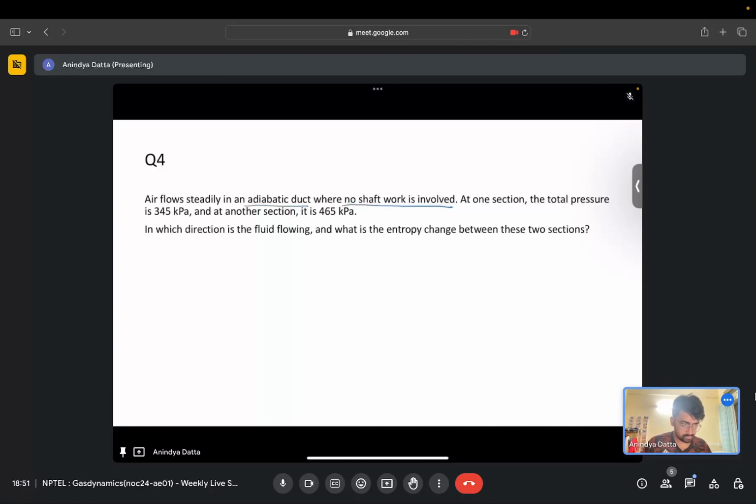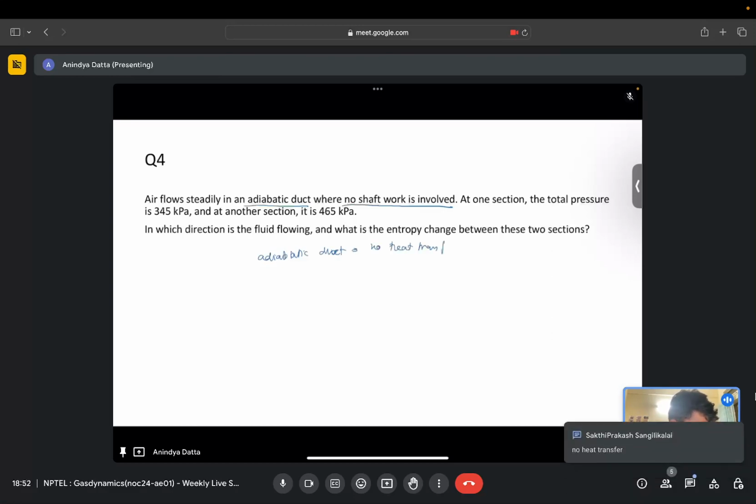Okay, question 4. Air flows steadily in an adiabatic duct. So we have an adiabatic duct, meaning no heat transfer is happening, and also there is no work involved.